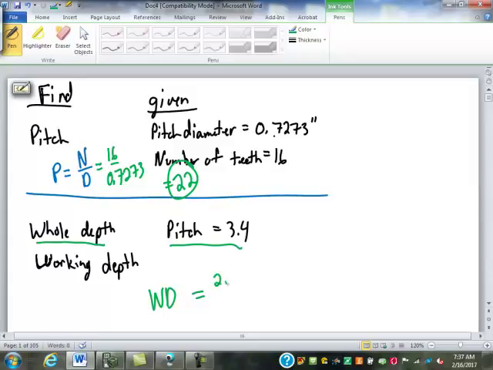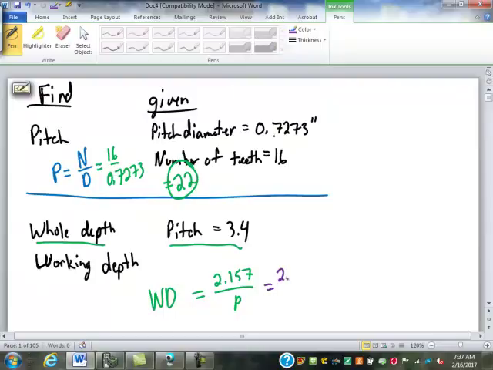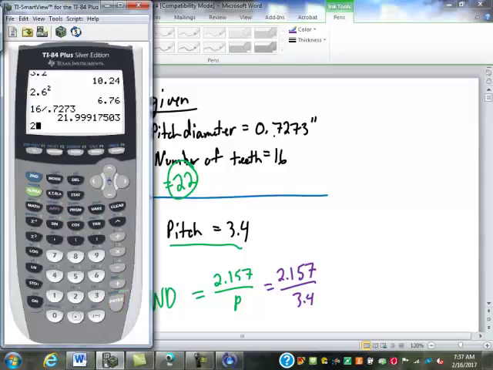The formula is 2.157 divided by the pitch. So we're just going to plug that in: 2.157 divided by 3.4, which gives us 0.6344.